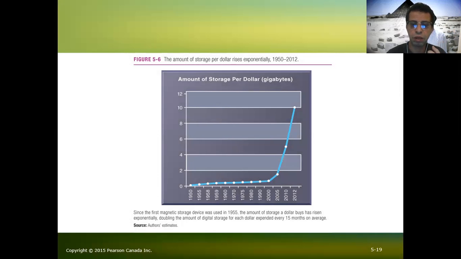And now you can have 10 gigabytes and more for the same dollar. The storage is pretty cheap. And now, as you see, a small USB can carry 20, 80, 36, 60 GBs, for example.